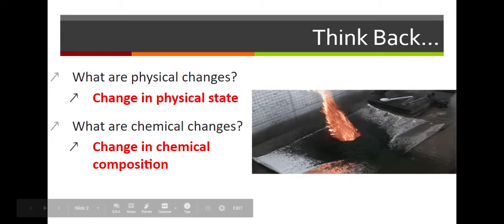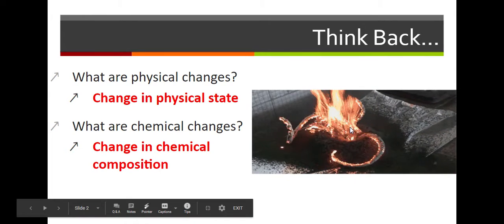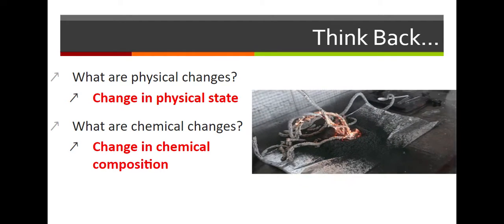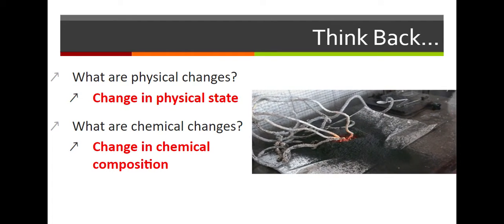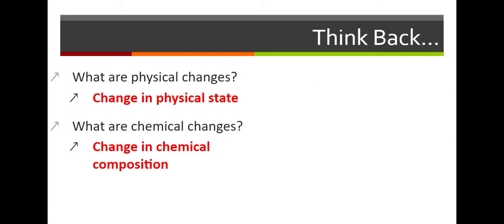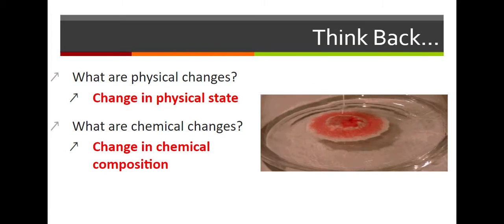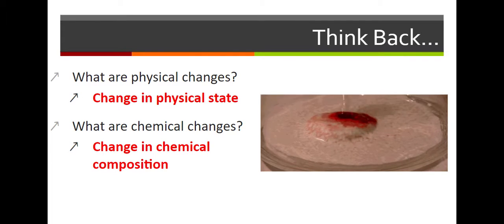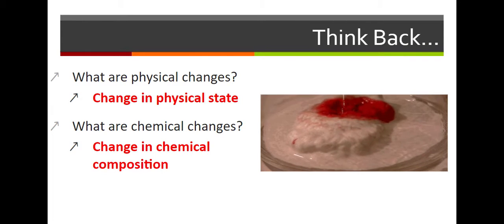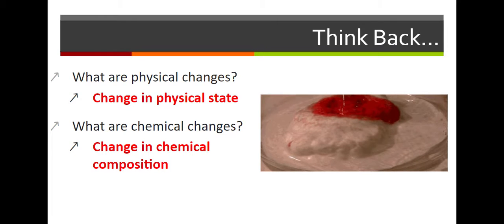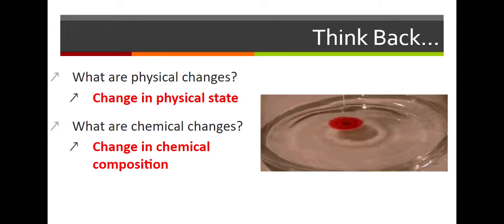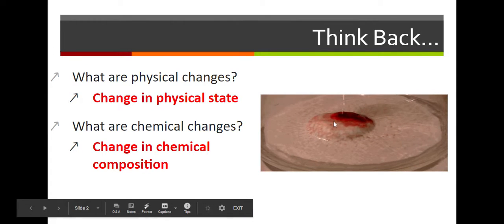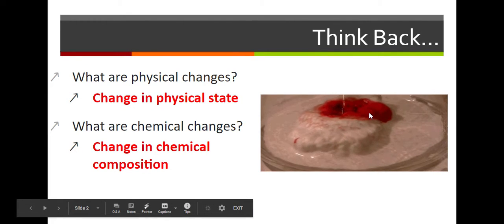So we would say that this is an example of a chemical change because you've created something completely new from something not that, right? What about here? It looks really gross, but that is a chemical change, correct? Because you have what is essentially a new substance forming from this combination, this mixture.